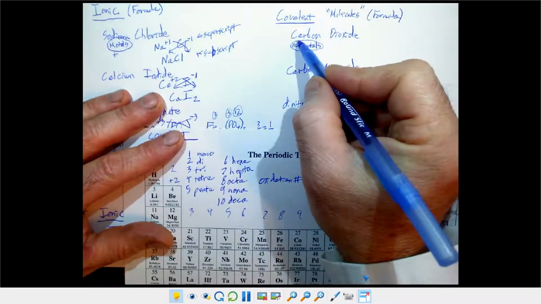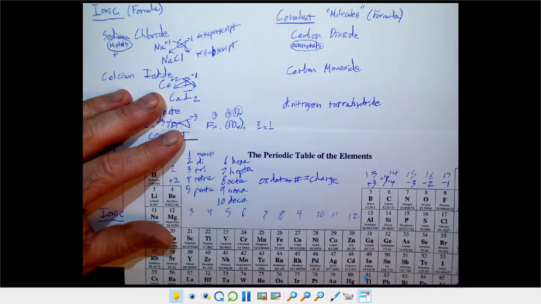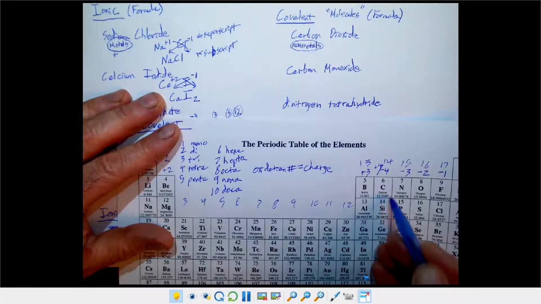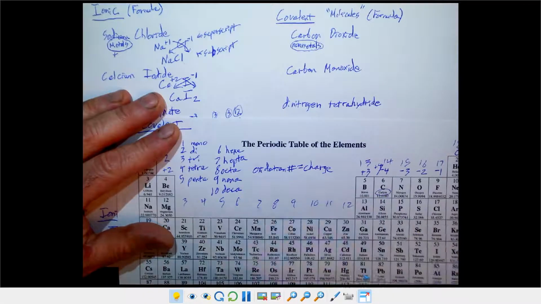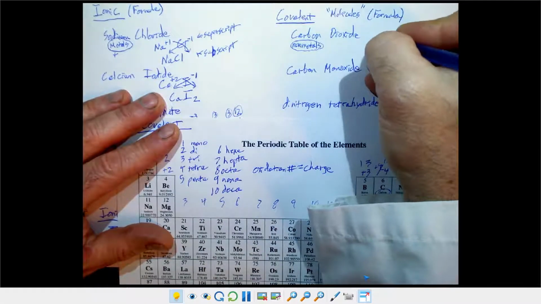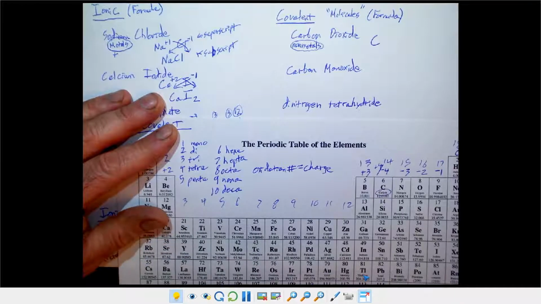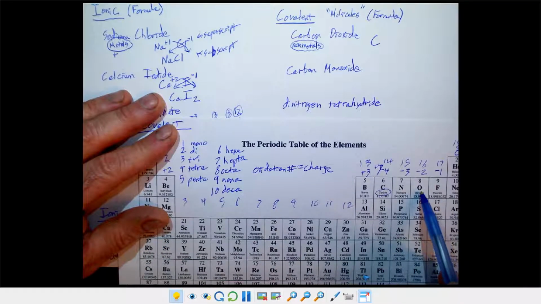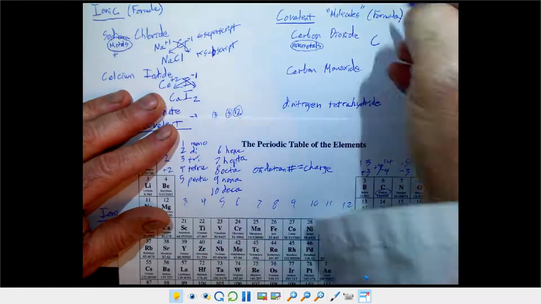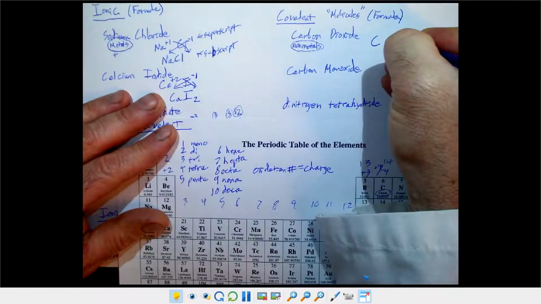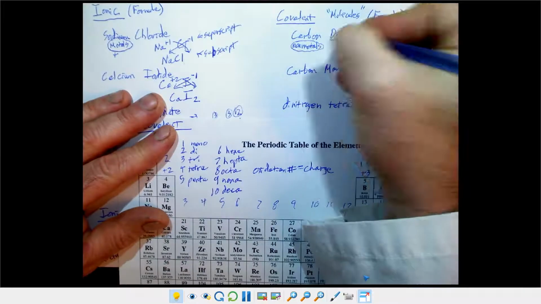So we look up the word carbon, and we say, okay, what is that on the periodic table? It's right here. It is carbon. It's just a big C. And then dioxide sounds like oxygen. Remember, the ending changed to an "ide", so that's here. And the abbreviation is an O. Now we got to pay attention to the prefixes.